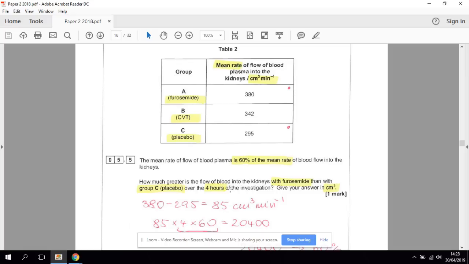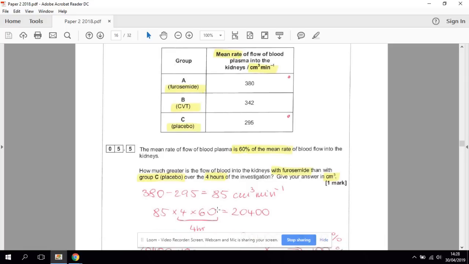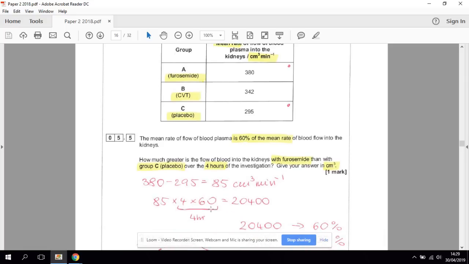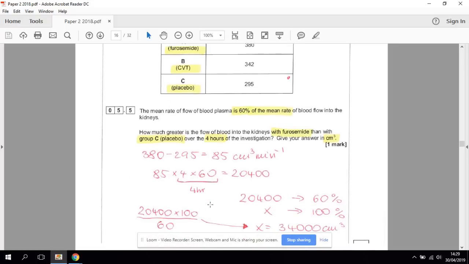So how much greater is the flow of blood into the kidney with one of the drugs and then with group C, okay, after 4 hours, and we need to give the answer in centimeters cubed. So what do we do? We're looking at those two. We take them away. So we've got 85 as the difference because that's what they want. And we then multiply this, okay, by 4 hours, and 60 seconds is in an hour.